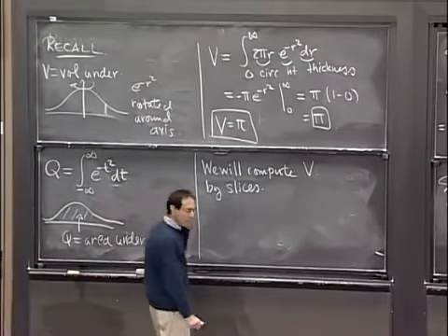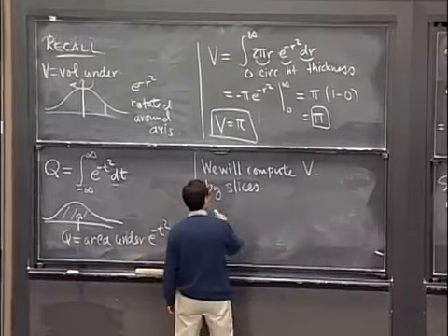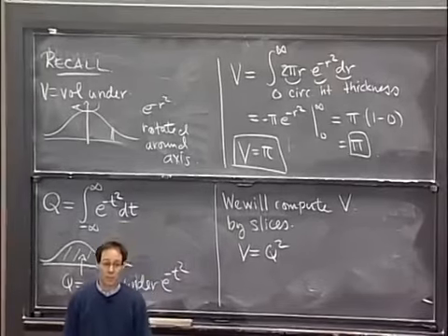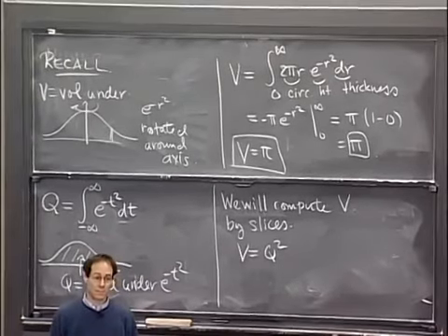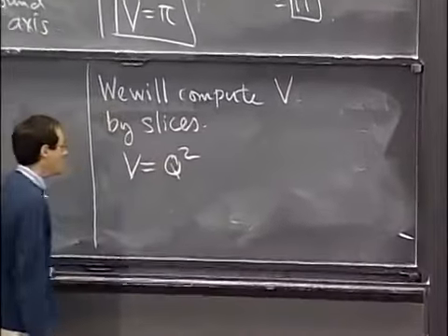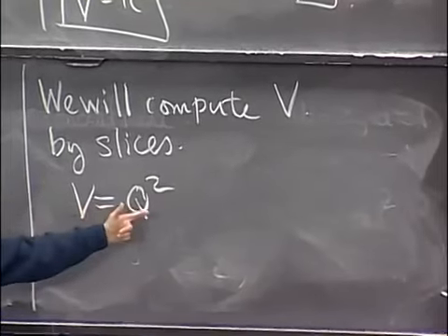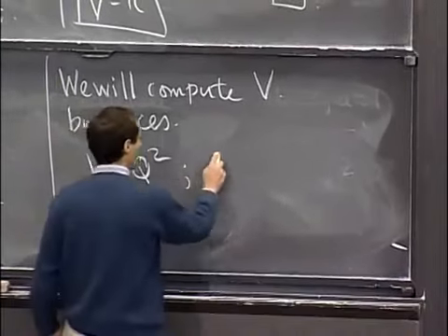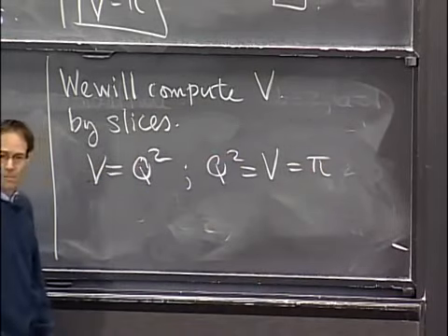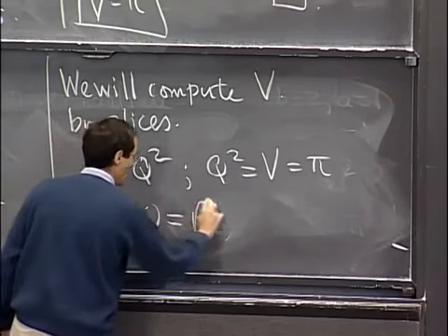And then, amazingly, we will discover that V is equal to Q squared. That's going to be what comes out. And that's the end of the computation that we want, because actually we already know what V is. We don't want to read this equation forward. We want to read it the other way. We want to say Q squared is equal to V, which we already know is pi. And so Q is equal to the square root of pi.